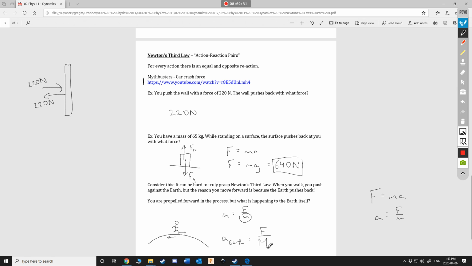And if you ever divide by a huge number, it essentially equals 0. So even though, yes, we are kind of propelling the Earth in the opposite direction, the Earth already has so much rotational momentum, it's not going to be affected by a single step or even a billion steps that you take.